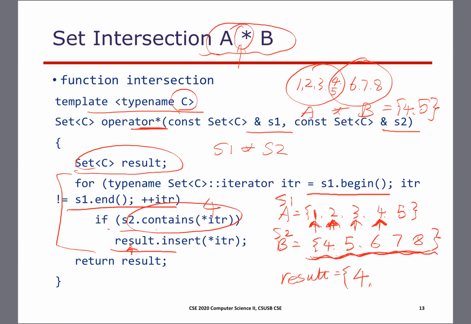And then the next one, 5. 5 is in S2, so this if statement is true, and we insert 5 in the result. We check every element in S1. If S2 contains this element, we insert this element in result.